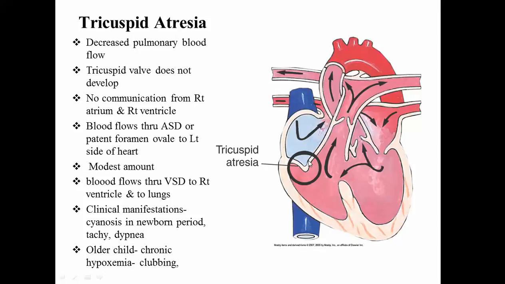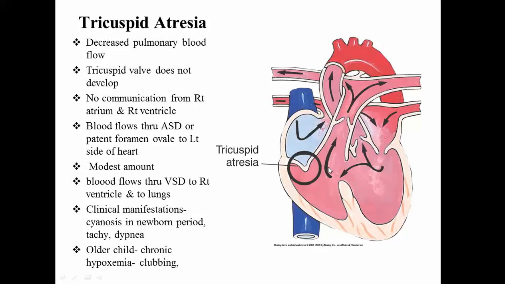So with the tricuspid valve absent, there's no communication from the right atrium to the right ventricle. The blood will end up flowing through an ASD, atrial septal defect, so that's unoxygenated blood, or it'll flow through a foramen ovale to the left side of the heart. And you also have a VSD here.